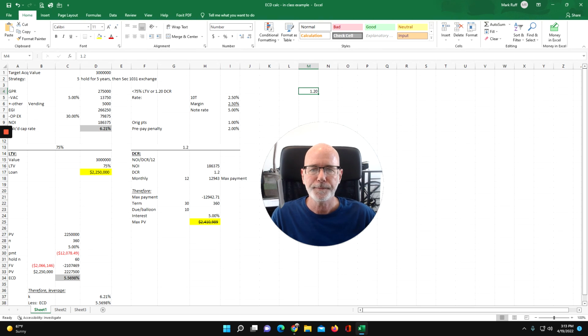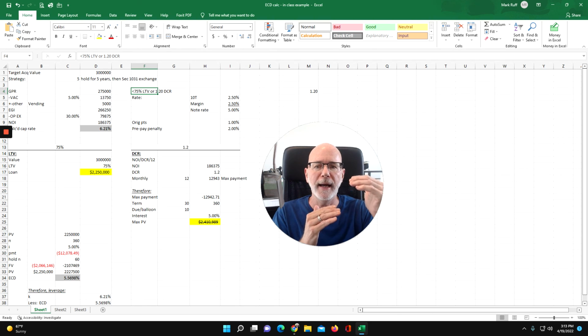We'll see. But in any event, what you need to know for now is that LTV means loan to value. The lender will provide some percent of the purchase price as a loan. It's going to be constrained in one of two ways, either loan to value or debt coverage ratio.